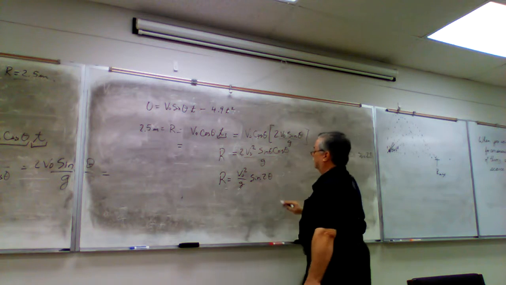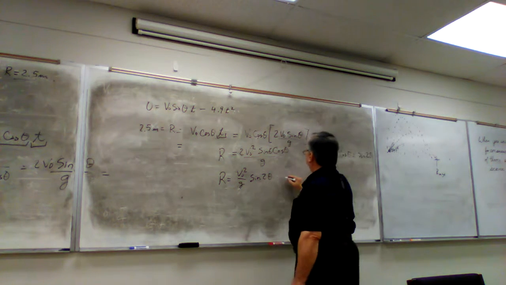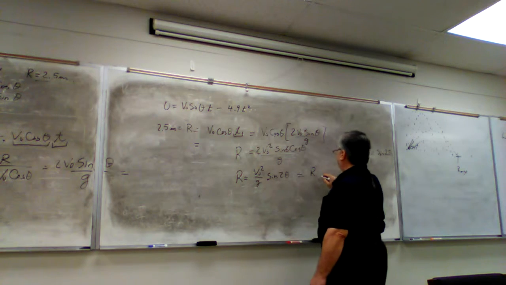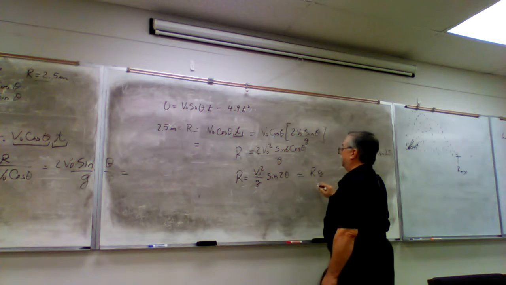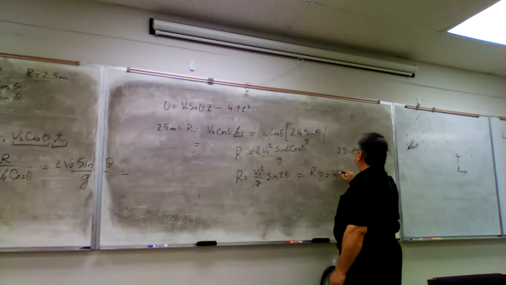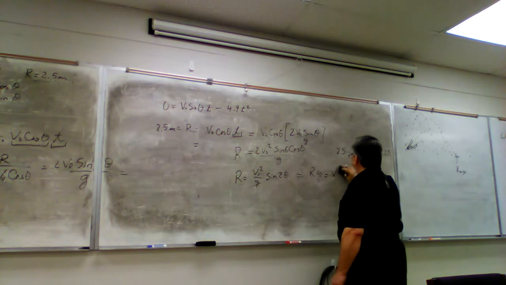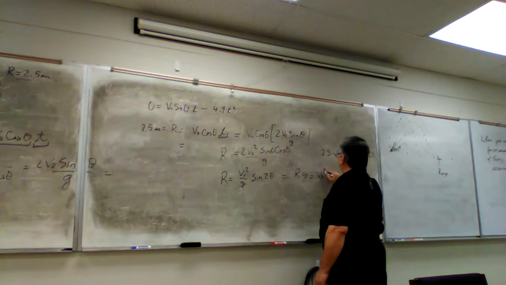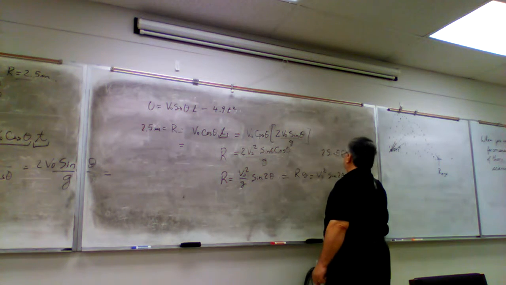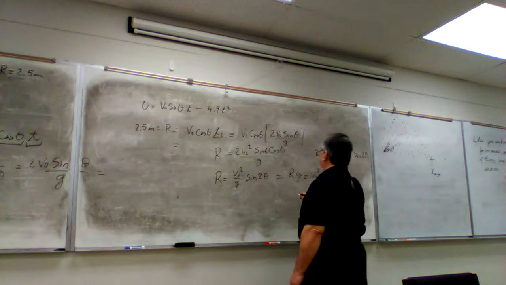Let's solve this first of all for theta. We have range times gravity equals V sub naught squared times sine of 2 theta. Divide both sides by V sub naught squared.